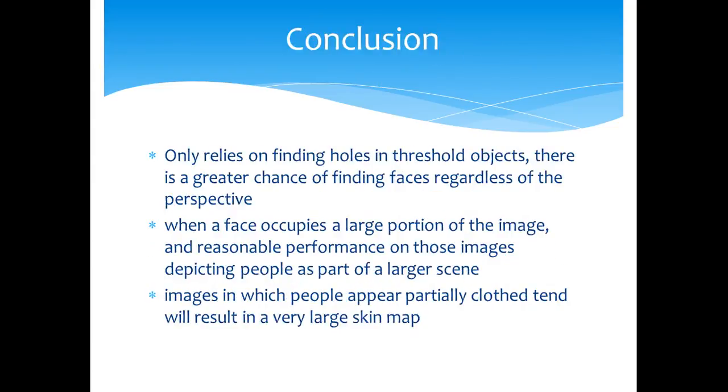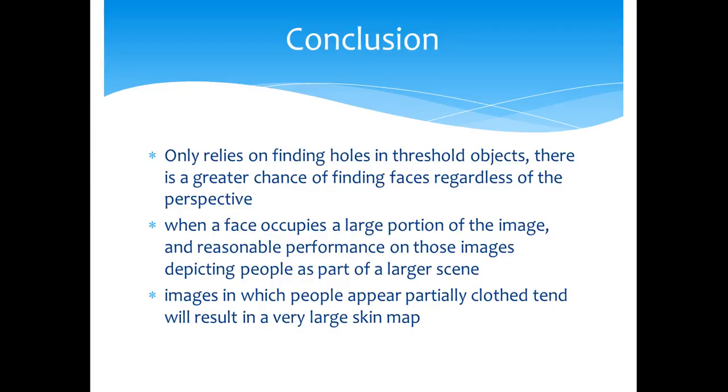Here comes the final conclusion. First, because this project only relies on finding holes in through-hole objects, there is a greater chance of finding faces regardless of the perspective. And when a face occupies a large portion of the image, it performs reasonably.